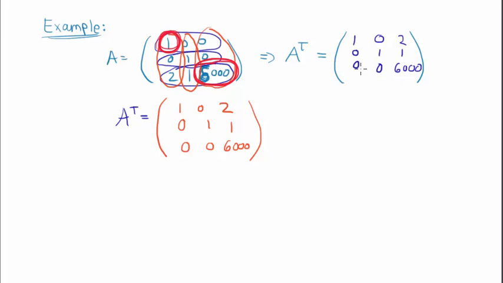Also, it's becoming really a colorful mess over here, but the 0 over here and the 2 over here are flipped. So in this case, it worked out nicely. The initial matrix was 3 by 3 dimension. A transpose was also 3 by 3, but let's do another example to make it more clear.